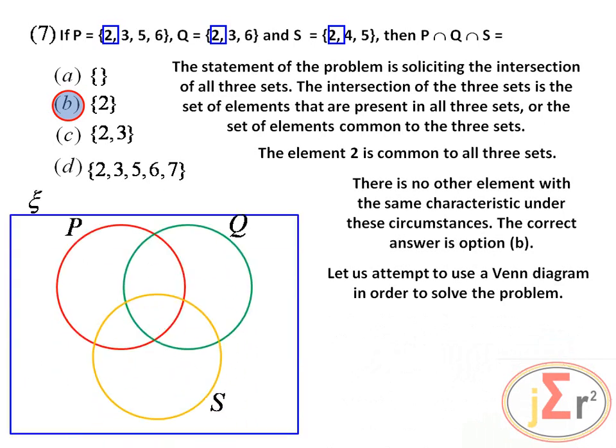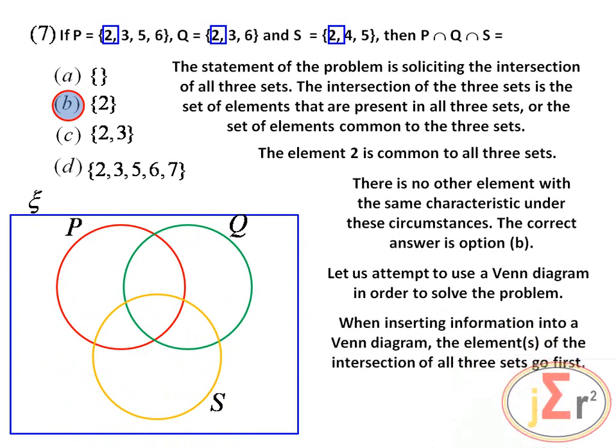But not without useful information and understanding. When inserting information into a Venn diagram, the elements of the intersection of all three sets go first. Right, so we have the element 2 is in all of those three sets.